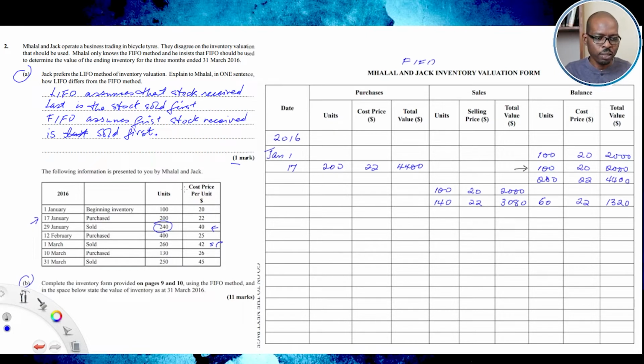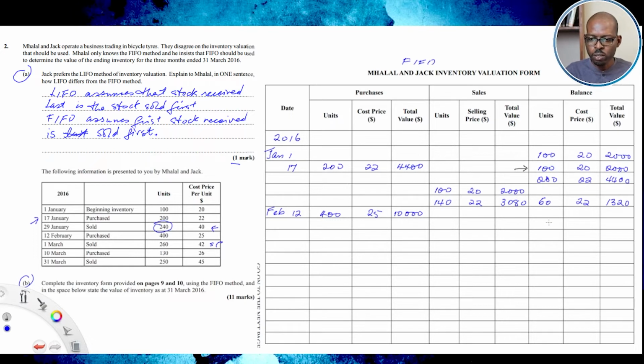So let's go to the next one quickly. There's a purchase on the 12th of February. So we're into a new month. Let's go February 12th. The amount there is 400 at 25. And the total value of that is 10,000.